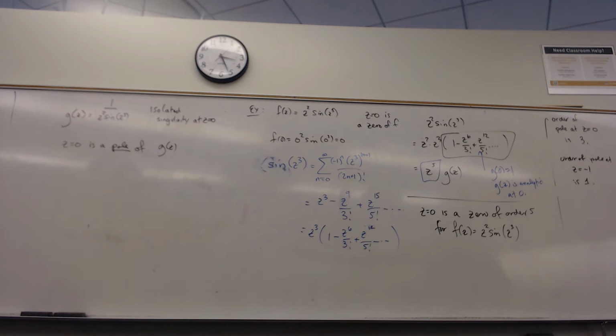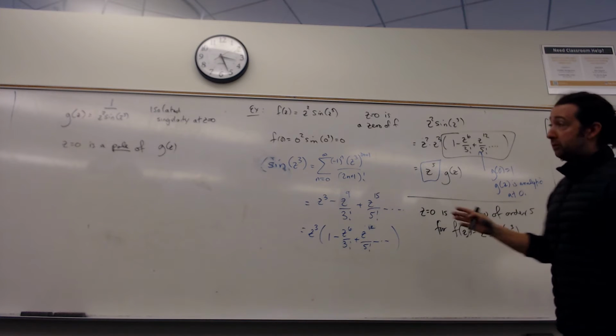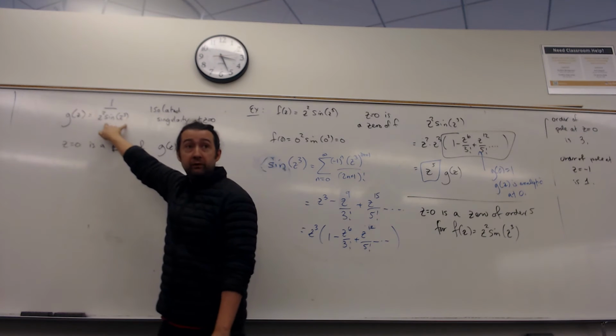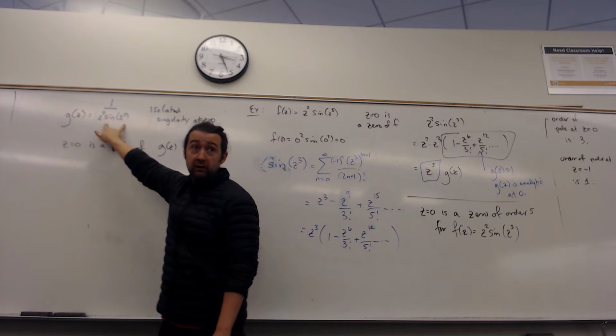It's 5, right? So another way of calculating the order of a pole is to calculate the order of the 0 of the function that you wrote, if you can write it this way.